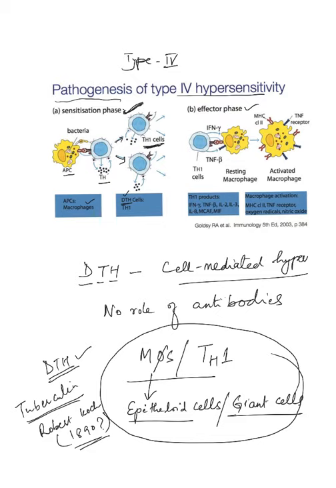Okay, so after, suppose, 2-3 weeks, if the antigen enters a second time, for example if we want to do tuberculin testing, then these sensitized Th1 cells will already be there.